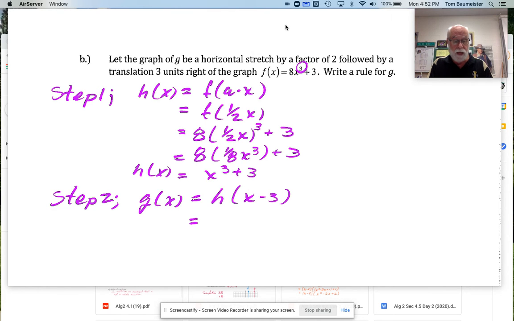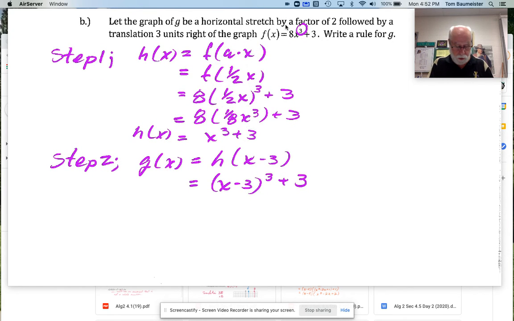So if we do that, we're going to have x minus 3 cubed plus 3. Now we've done cubes, ladies and gentlemen. So I'm just going to tell you, you can either go back and do it or you can FOIL it 3 times.